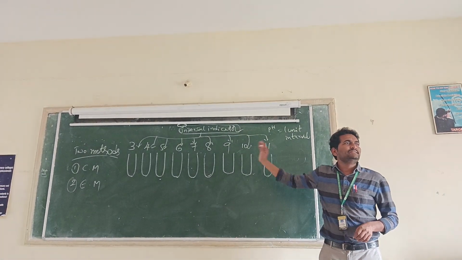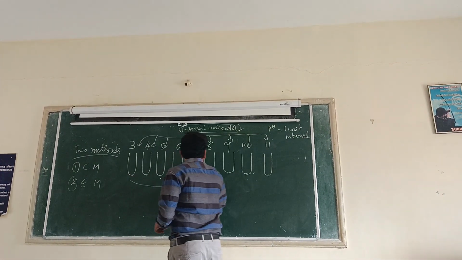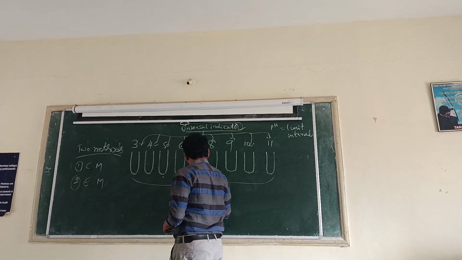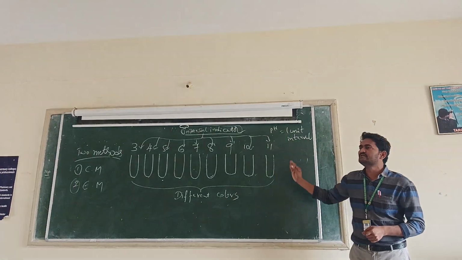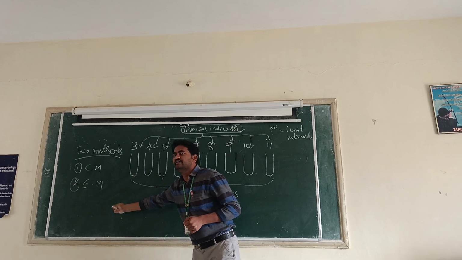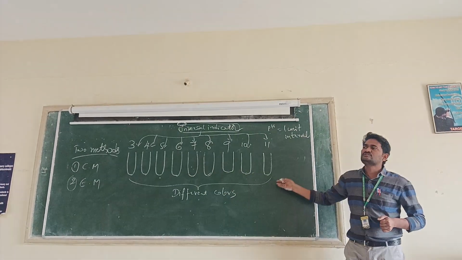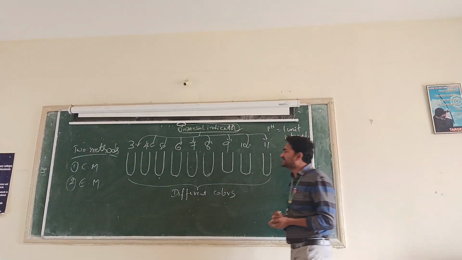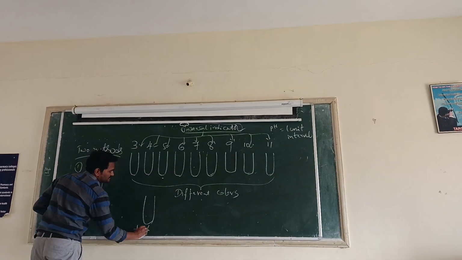Once we add this universal indicator, we will get different colors for individual standard buffer solutions. So pH 3 will have a different color, pH 4 will have a different color, like that each will have its own color.